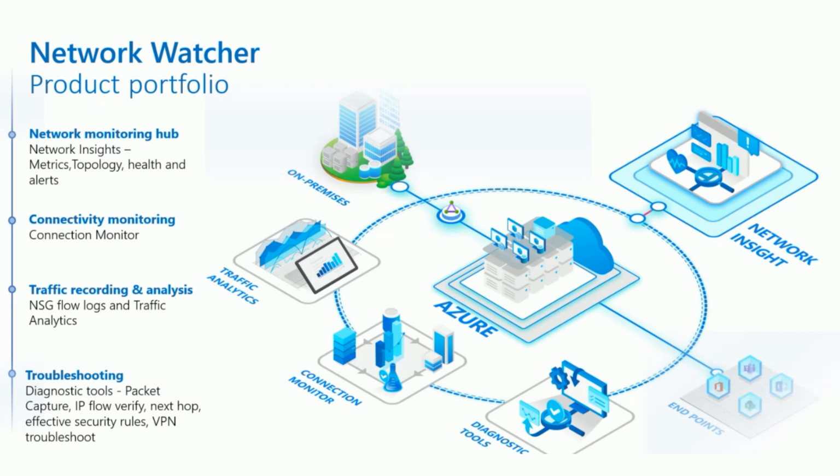And then we've got our troubleshooting tools: packet capture, IP flow verify, next hop, effective security rules, and VPN troubleshoot. As you can see, it's not just elements of Azure. Connectivity monitoring is really useful when you're troubleshooting connections from on-premises into Azure, but we'll go through a demo of that shortly.